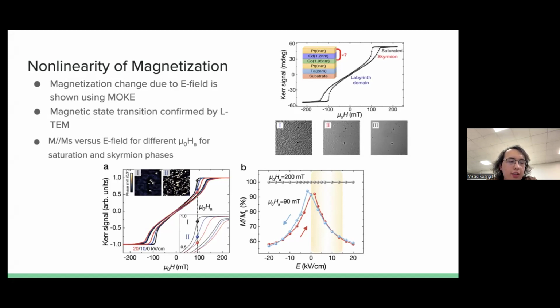At 90 milliteslas, the skyrmion state, the typical butterfly shape is observed, indicating the strain-mediated modulation of the skyrmion phase, realized by our structure. Of course, as you can see, this behavior is nonlinear. Such a nonlinearity of the magnetization originates from the nonlinear variation of the piezoelectric strain versus the applied E field in our heterostructure.